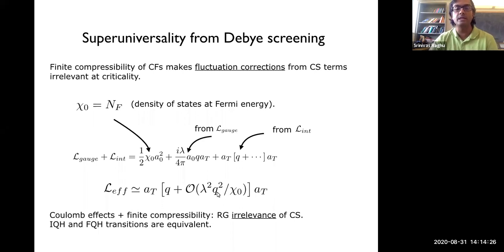They enter as subleading corrections to the gauge boson action. And so while we can't tell you what the critical exponents are, we can say that with the presence of 1/r interactions, the Chern-Simons level enters only as a subleading correction to the effective action for the transverse gauge boson.